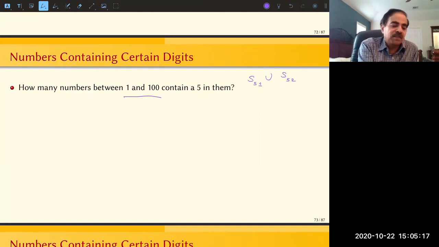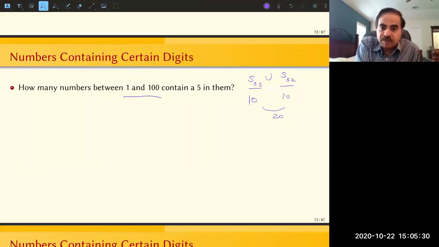If these were disjoint, then we could have added the sizes, 10 and 10, and said it is 20, but it is not a disjoint union.